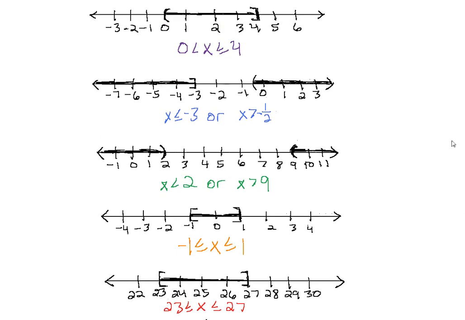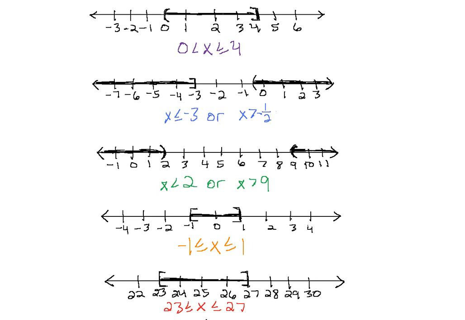All right, so not a whole lot to these once we get the notation down. We just want to be careful with noticing if we have two different regions shaded or just one region shaded. If we just have one region shaded, that means that we're dealing with an AND compound inequality, and we can easily pick these off because we can see the two endpoints, and all of our values are going to be in between the two endpoints.